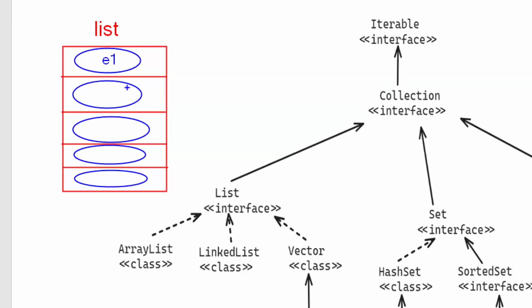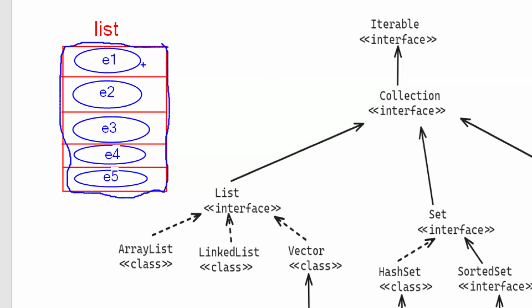This is the second employee object, E2. This is the third employee object, E3. This is E4, and this is E5. So basically, this total is called one collection object.